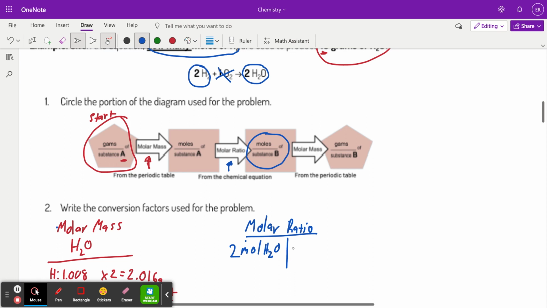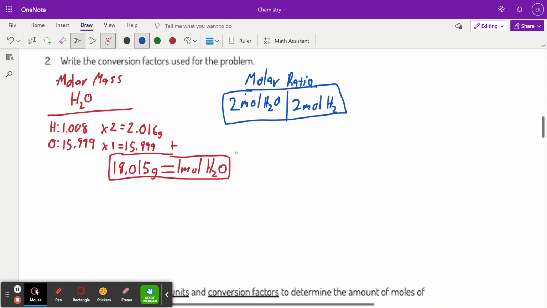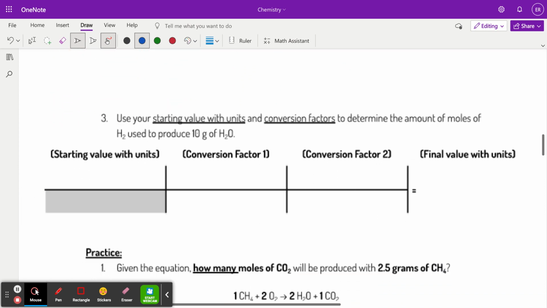We have 2 moles of H2. And this is our molar ratio, our relationship. All right, so now we did the hardest part, the part that takes the most time. Now we will put everything together.